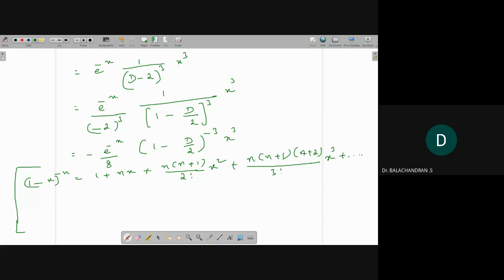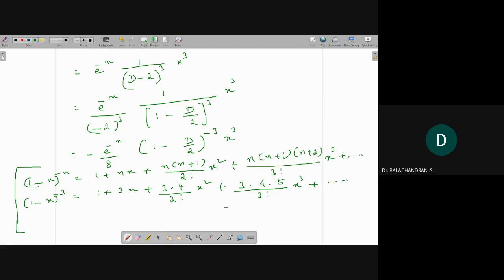Now I need (1 minus x) whole power minus 3. So 1 plus 3x plus 3 into 4 by 2 factorial into x square plus 3 into 4 into 5 divided by 3 factorial into x cube plus and so on.